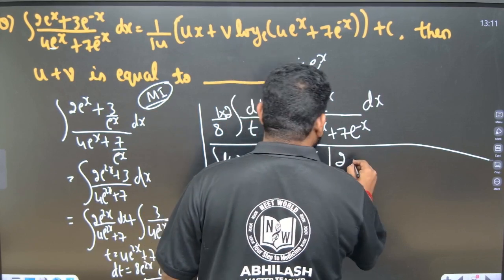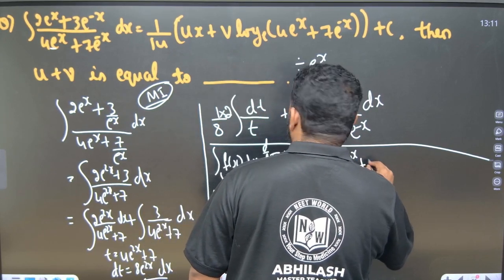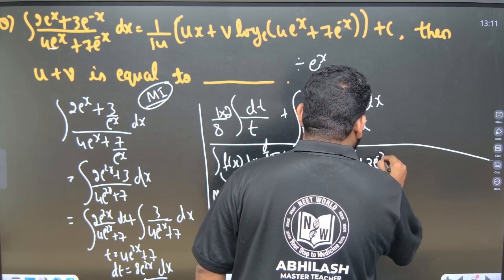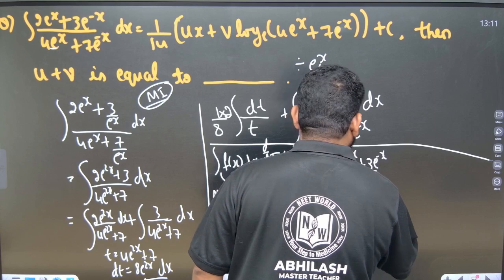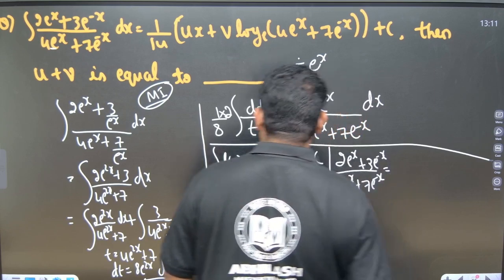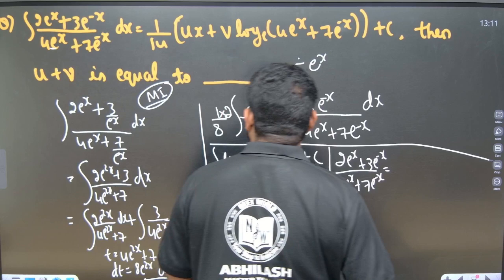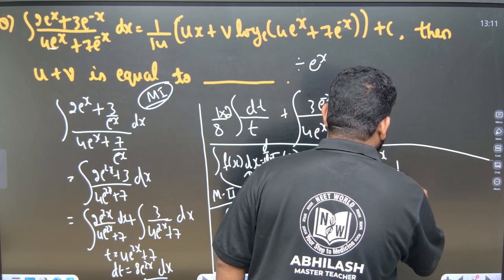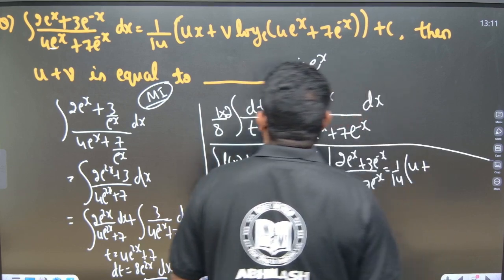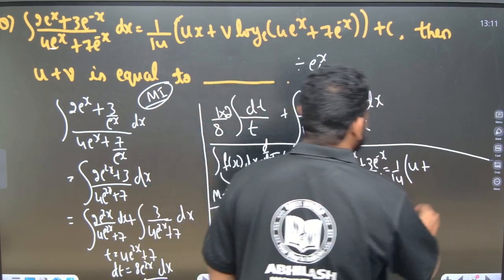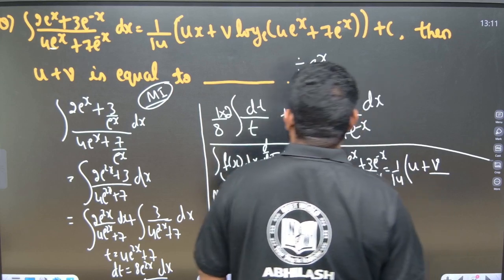See here, this will become 2 into e power x plus 3 into e power minus x divided by 4 into e power x plus 7 into e power minus x is equal to 1 by 14. Let it be there. We have to apply differentiation here. 1 by 14 into u x will become u itself plus v into log of something. The differential of log is nothing but 1 by x.